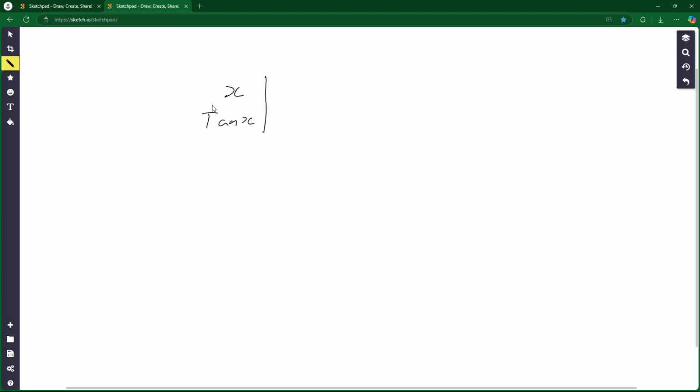We're just going to go ahead and make a real quick table. 0, pi over 2, pi, 3 pi over 2, and 2 pi.